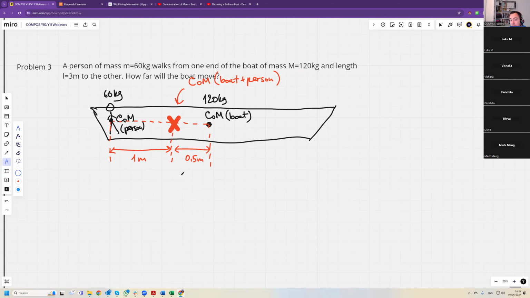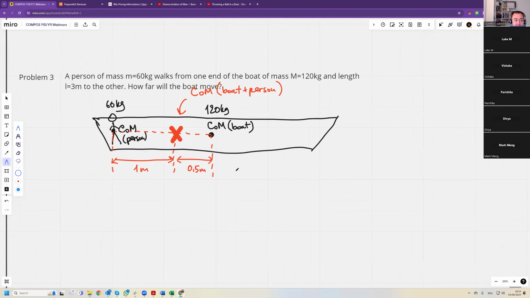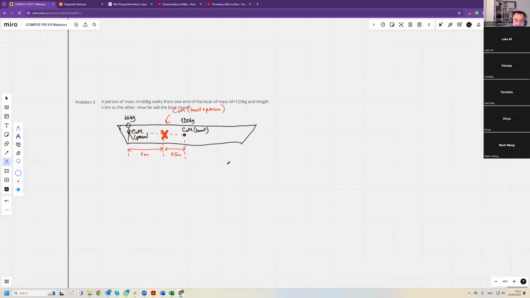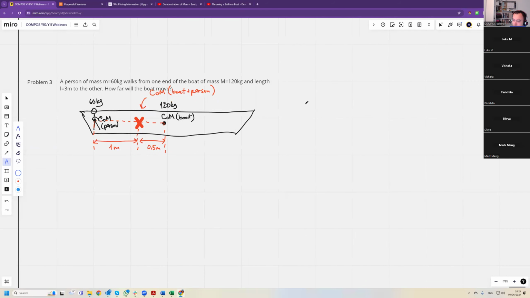Now, one fundamental consequence of the conservation of momentum, I won't prove it. I don't have time to prove it, but assume I am correct, and assume you believe me.